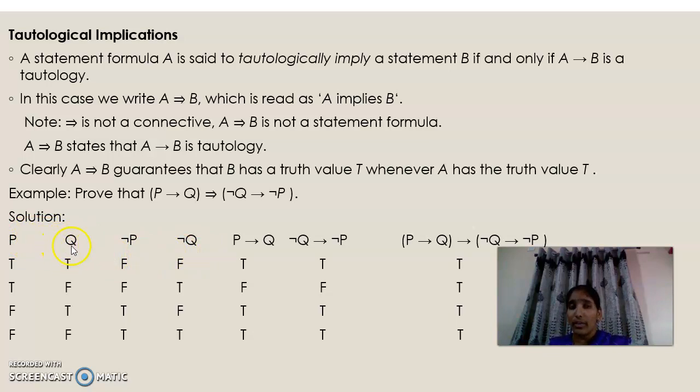First find P, Q, negation Q, negation P. After that, P conditional Q and negation Q conditional negation P.